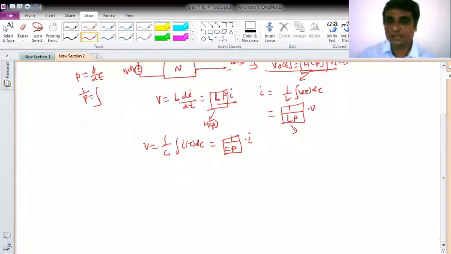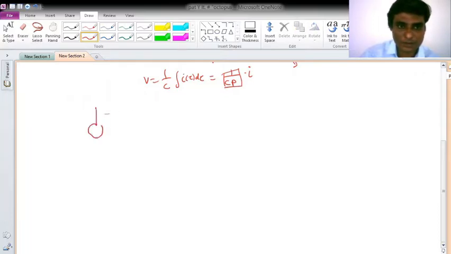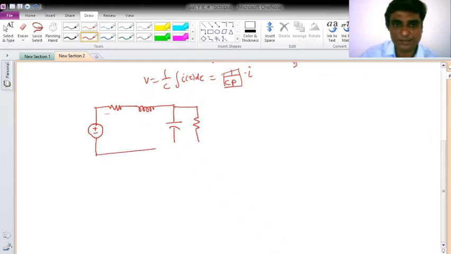Based on it, let us think whether we can solve the dynamic network like the resistor networks we have solved. In order to see this, let me consider a network and draw it. I have a supply voltage Vs of t, to this an R in series with an inductor, and there is a capacitor in parallel with R as an element.